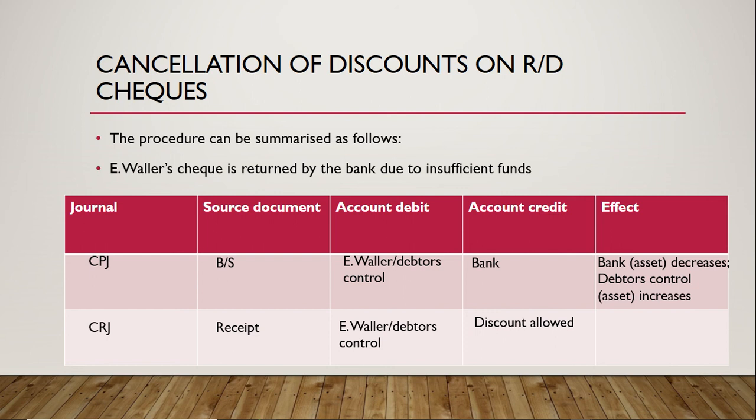We're going to reverse it in the general journal. So basically, if we were to reverse it in the CRJ, we were going to subtract it under discount allowed, and we were going to increase our debtors control, but that cannot happen, okay?